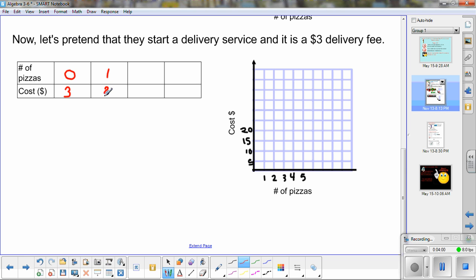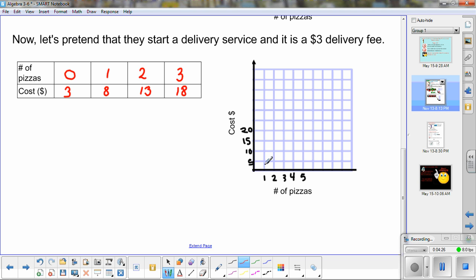That's going to be a total of $8. 2 pizzas would be 2 times 5, or $10 for the pizza plus $3 for the delivery fee, for a total of $13. If you ordered 3 pizzas, that would be 3 times $5, or $15, plus 3 for the delivery, which is 18.